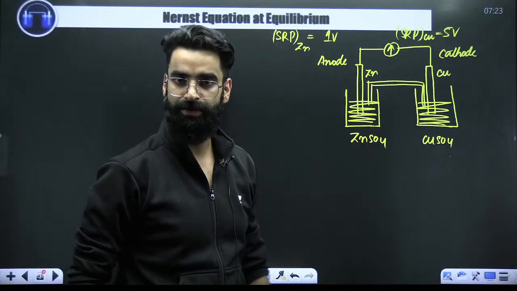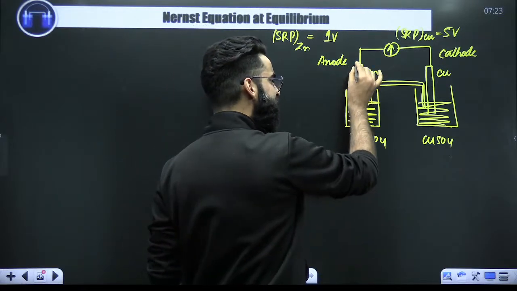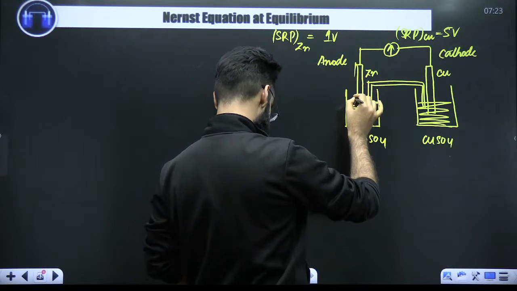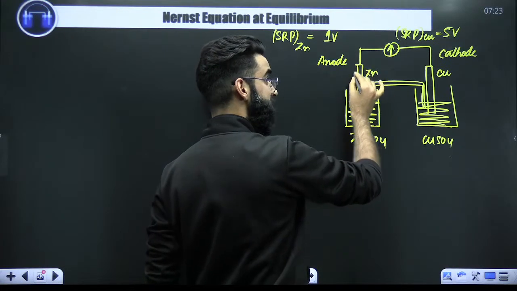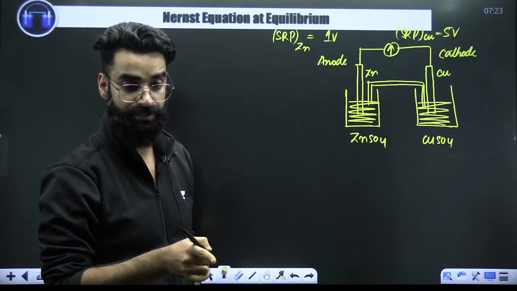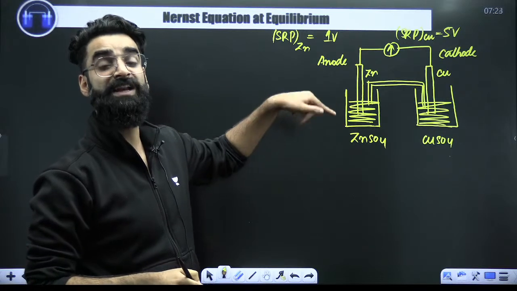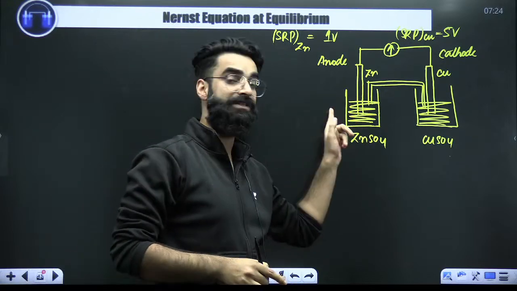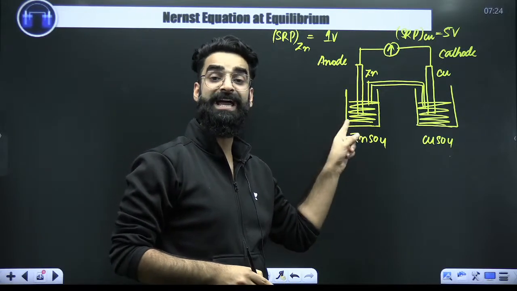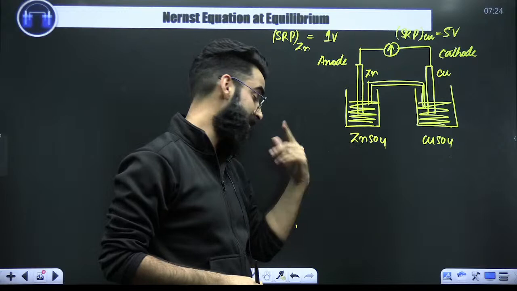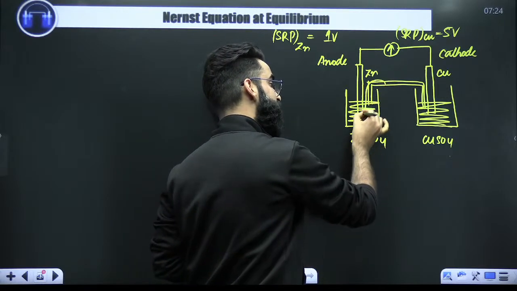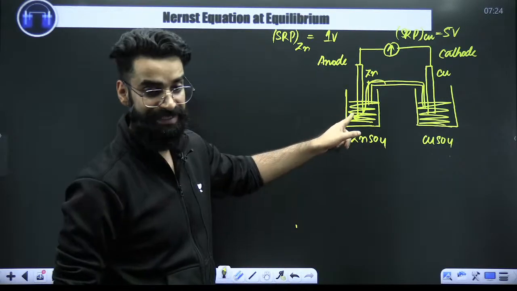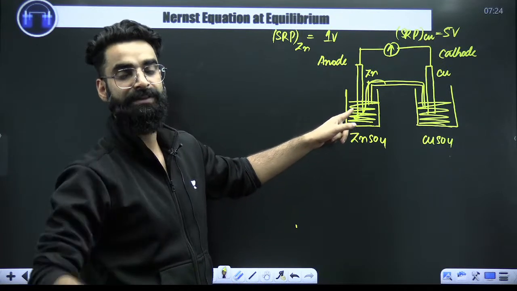Oxidation means loss of electron, right? The zinc rod is made up of zinc atoms, and those zinc atoms will undergo oxidation. Those zinc atoms will get converted into zinc dipositives, and those will enter into this solution. At the same time, from the salt bridge, SO4 dinegative will come and neutralize that.